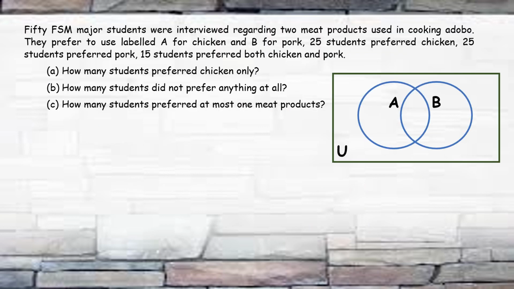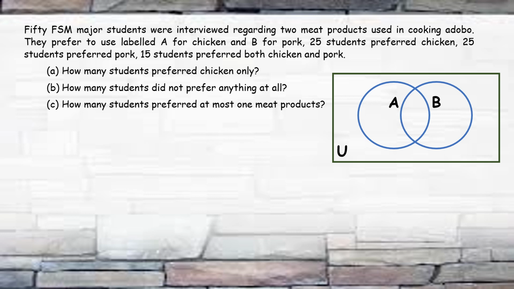Eto na. Let's try to solve this word problem with the use of Venn diagram and the special sets. 50 FSM major students were interviewed regarding two meat products used in cooking adobo. They prefer to use label A. So, naglagay na ako dyan.